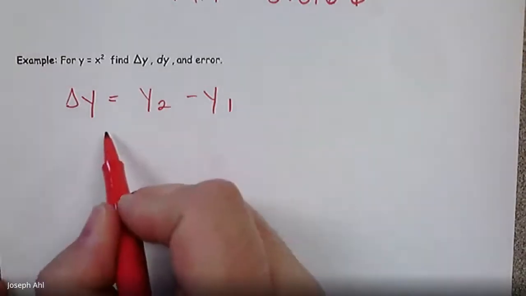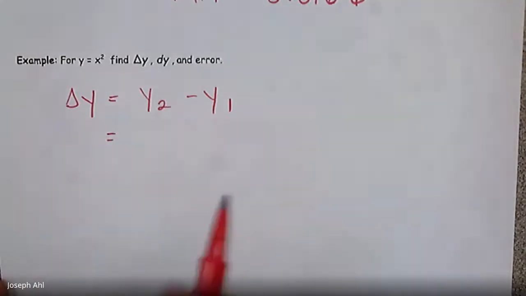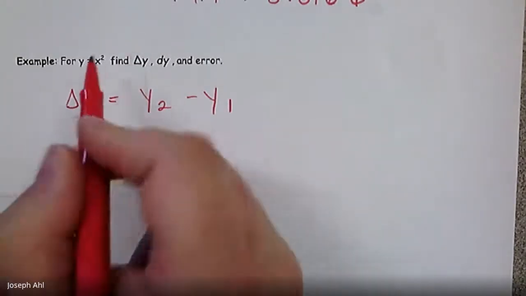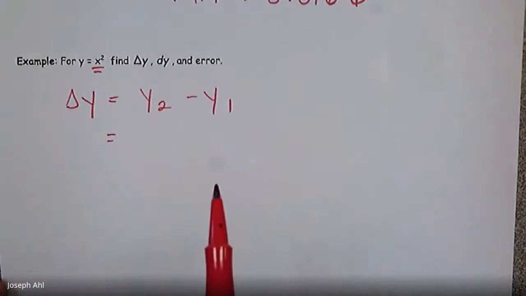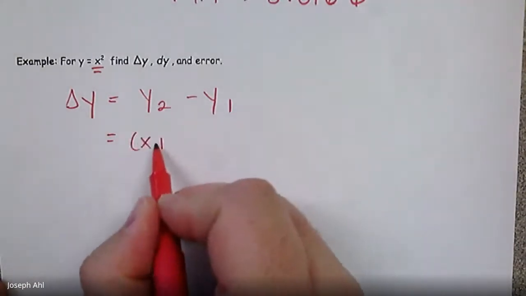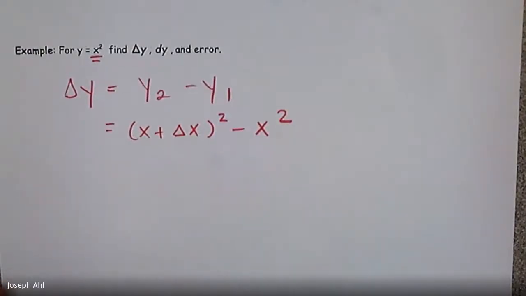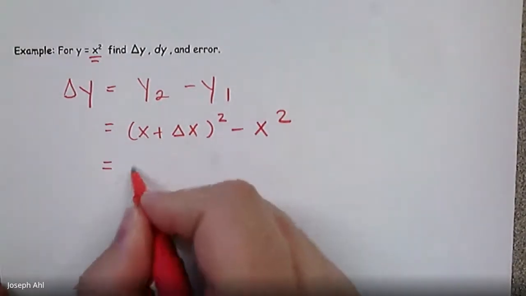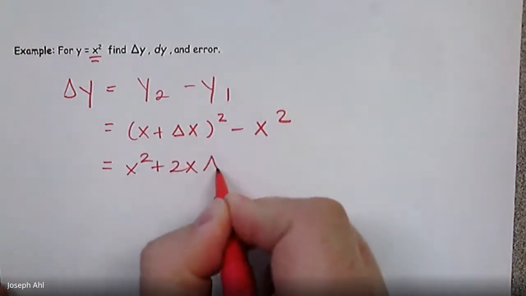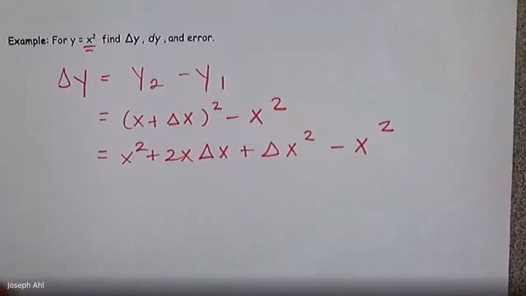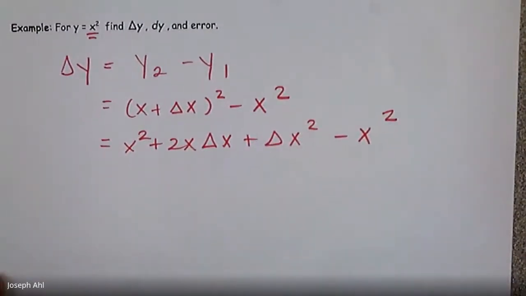What is that second y value? The second y value is at x plus delta x, right? So we're adding that delta x to our original value of x, and plugging that into this x squared function. So it would be x plus delta x, squared, minus y1, which would be just x squared. We can clean this up a little by squaring the binomial to get x squared plus 2x delta x plus delta x squared, with that minus x squared at the end.